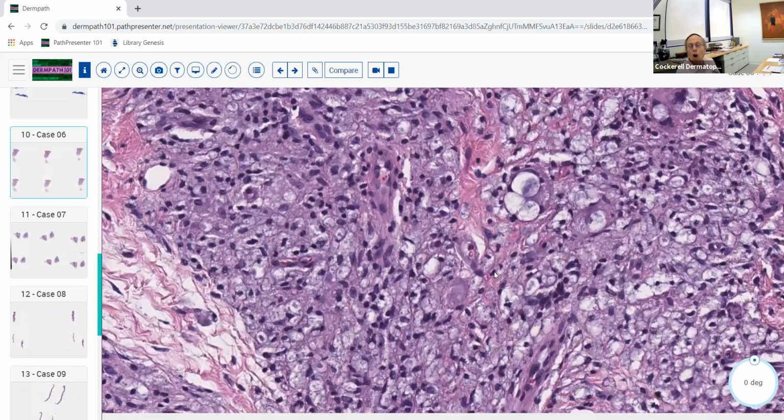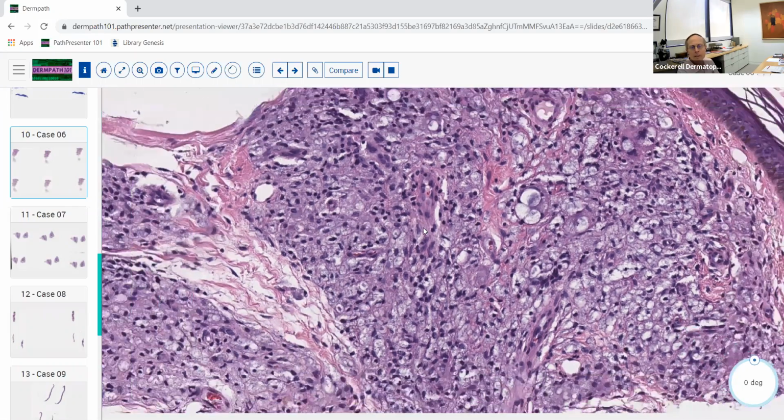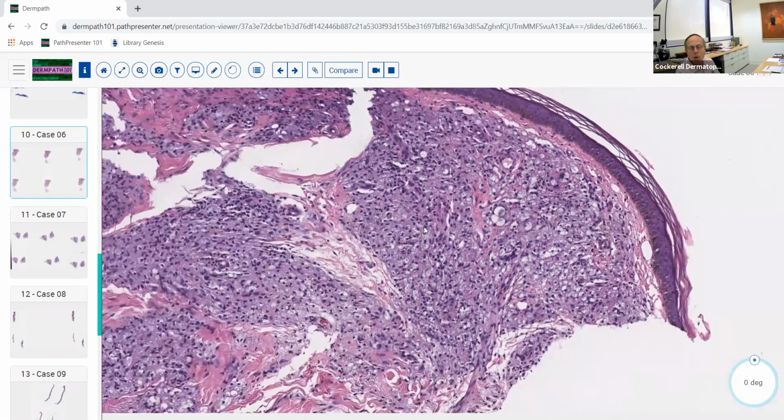These are the globi of Virchow cells, and this is just loaded with AFB, with Mycobacterium leprae. So this is going to be either borderline or polar lepromatous, really multibacillary disease. So tuberculoid is paucibacillary, borderline lepromatous and lepromatous is multibacillary disease.